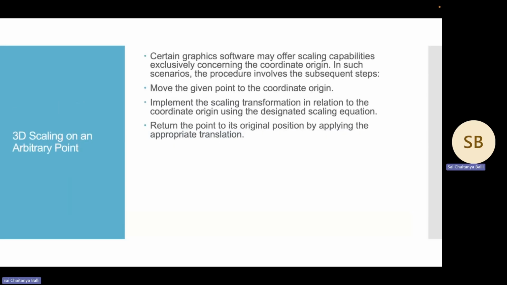Certain graphics software may offer scaling capabilities exclusively concerning the coordinate origin. In such scenarios, the procedure involves the following steps. Note the given point, implement the scaling transformation relative to the coordinate origin using the designated scaling equation, and at last, return the point to its original position by applying the appropriate translation.